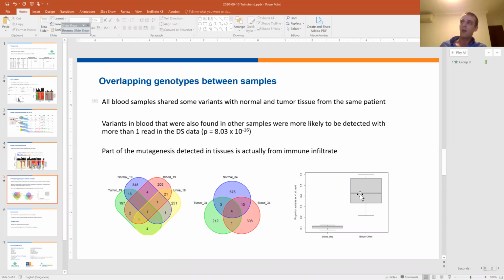But if we look at the mutations that are found in blood as well as any other sample, for example these 4 or these 10 mutations, they're extremely likely to be clonal events, so that multiple reads have detected them in the blood. So we think that part of the mutagenesis that we detect in the tissues, or in this case sometimes in the urine also, are mutations that are in the blood, and we're detecting them in the tissue because there are infiltrating immune cells.